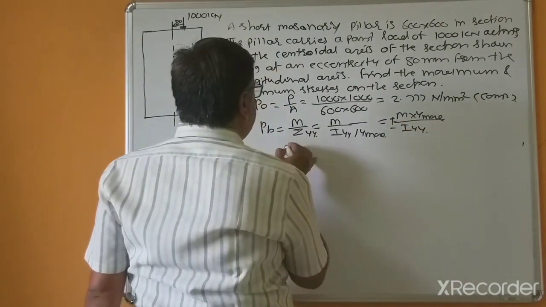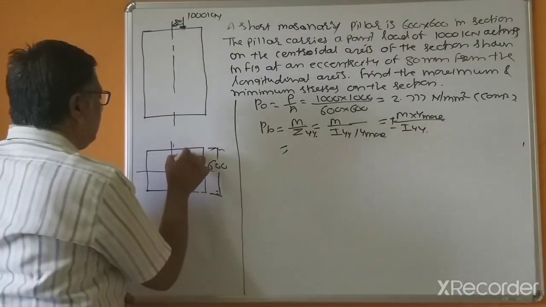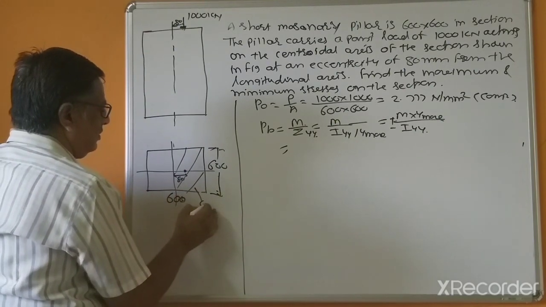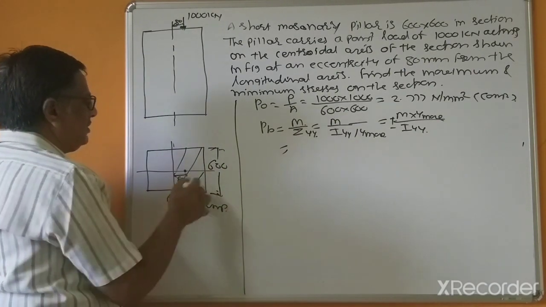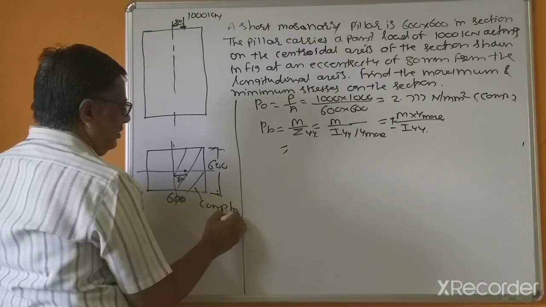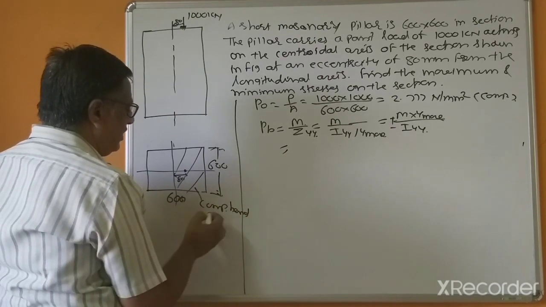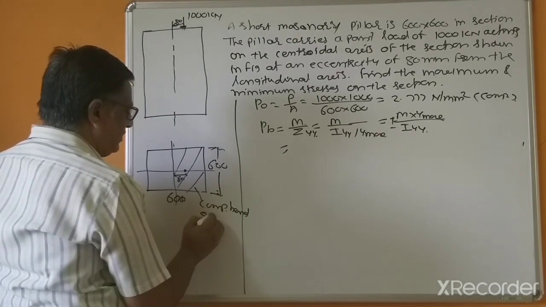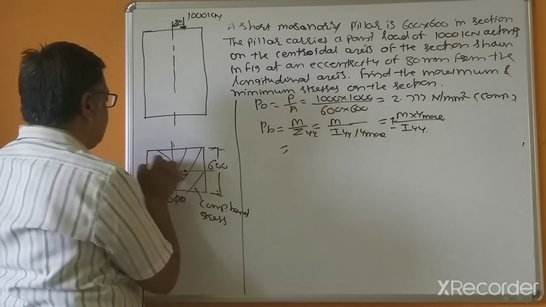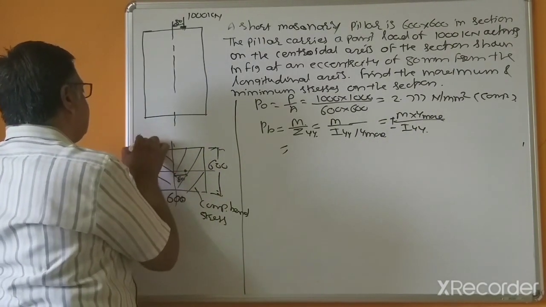This is plus minus, because in the right hand side compressive bending stress, because this load point is in the right hand side, and in the left hand side tensile bending stress.